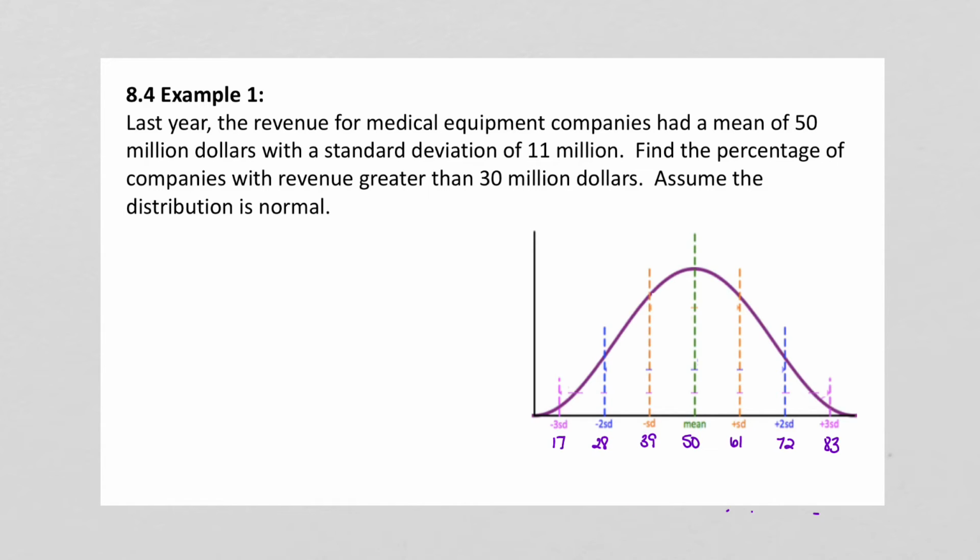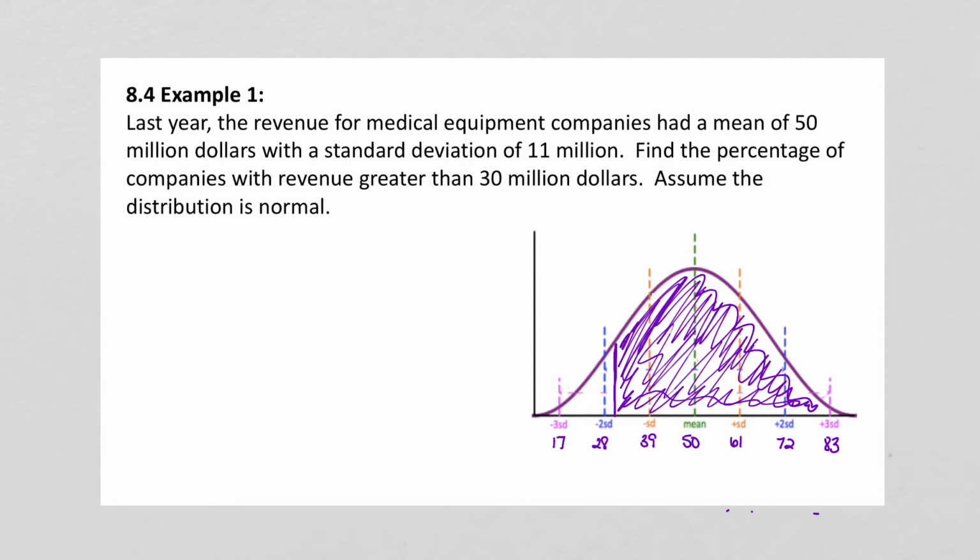We want greater than $30 million, so that's about right here. It's not quite 2 standard deviations below the mean. And so we're not going to be able to use our empirical rule because it's not exactly 2 standard deviations below the mean. So what we use is the z-score.